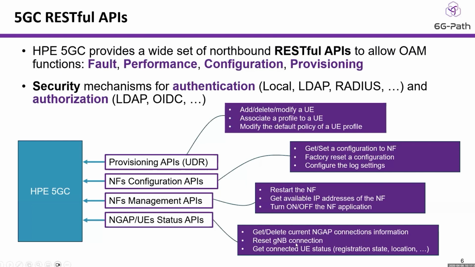You can also reset the gNB connection, or you can obtain some status information of some subscribers. So registration state, location, and so on. All this information, for example, can be obtained by an intelligent entity to check the condition of the network, and automatically decide to take some action on the core network.